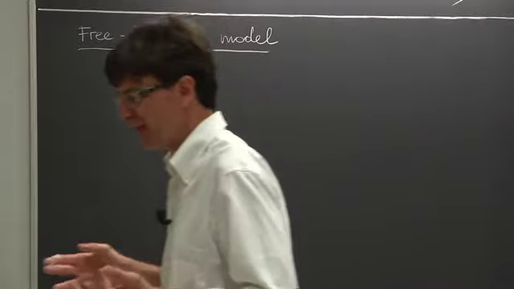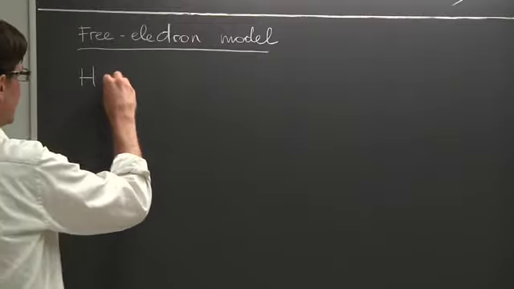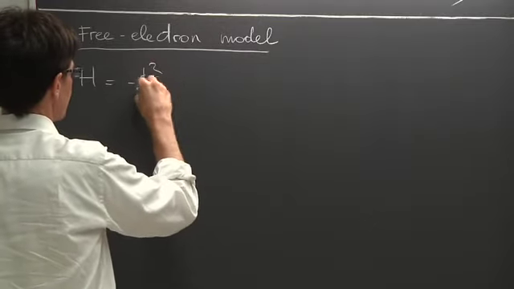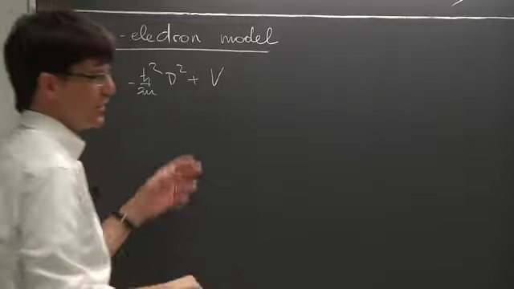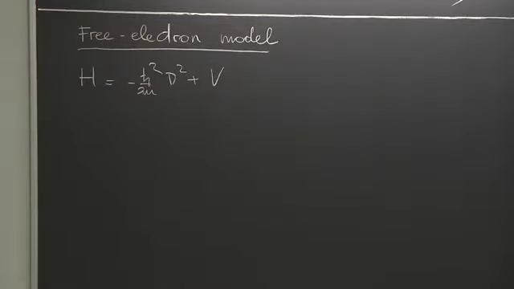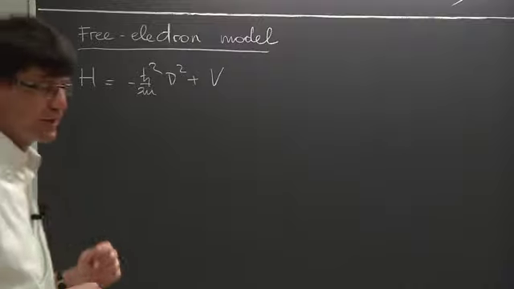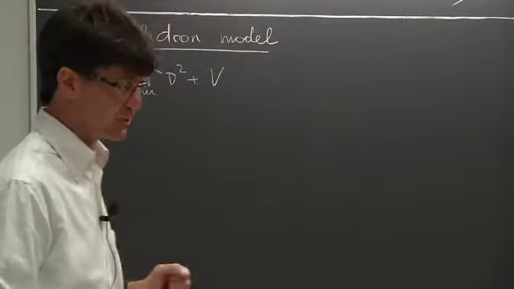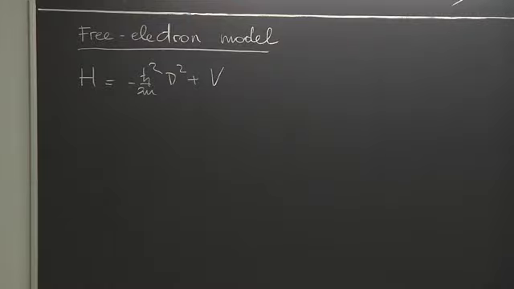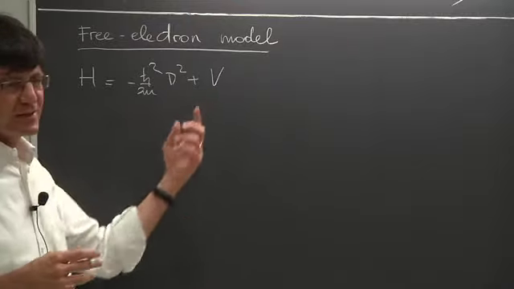What does it mean that we are dealing with a free electron model? It simply means that our Hamiltonian, which you remember we wrote in this way with V a periodic function, we still assume that there is an underlying Bravais lattice, that the atoms are placed in crystalline positions, but we assume that the electrons don't see the nuclei.